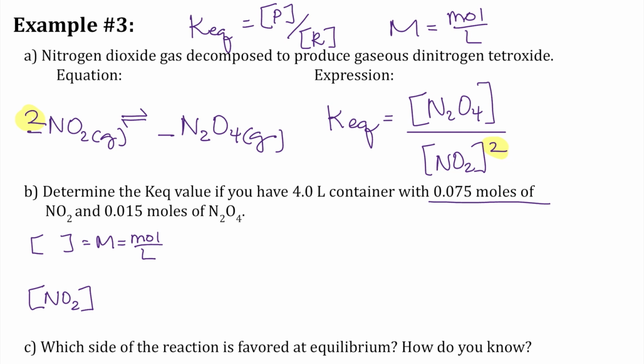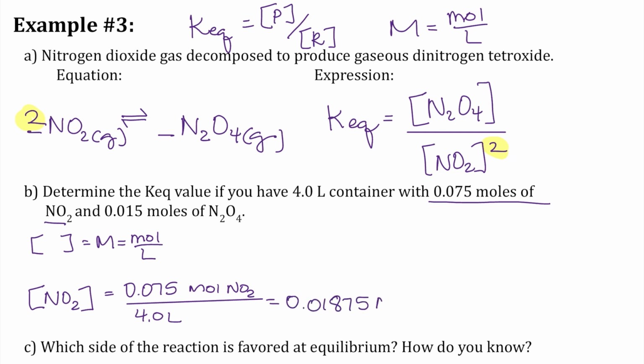If we have 0.075 moles of NO2 in a 4-liter container, then we can find that concentration to be 0.01875 molar. I'm not going to do sig figs on that yet. I'll do sig figs at the very end.